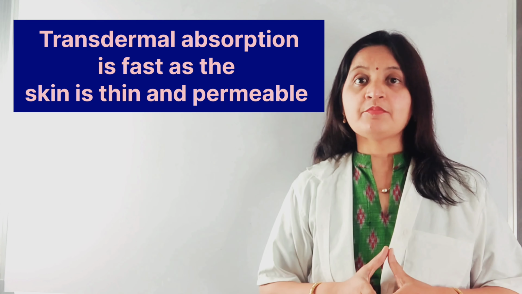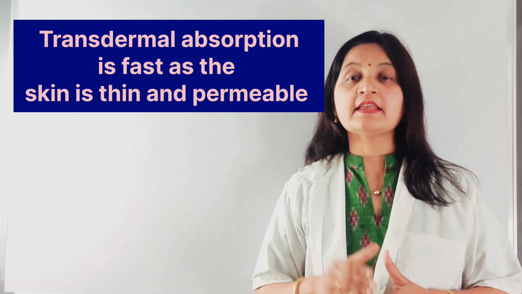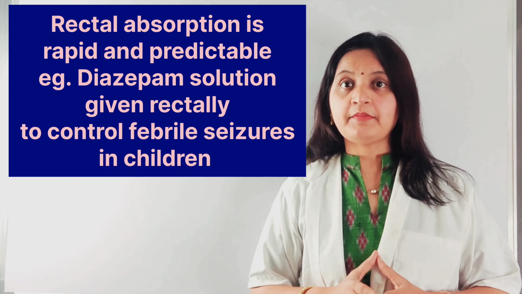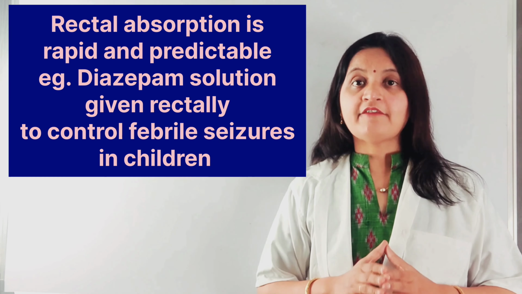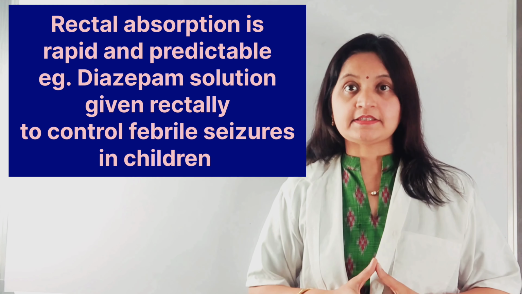The transdermal absorption of drugs is faster in infants because the skin is thin and highly permeable. Absorption through the rectum is rapid and predictable. Therefore, diazepam solution is given rectally to control febrile seizures in children less than 5 years.